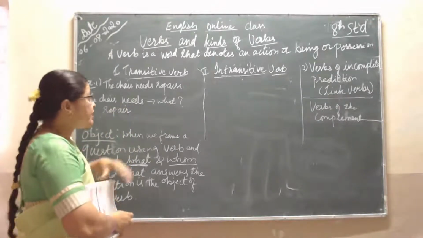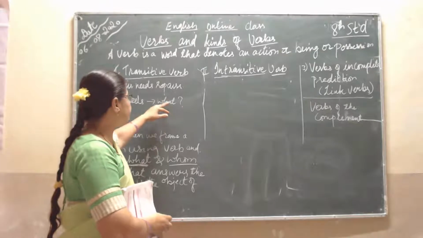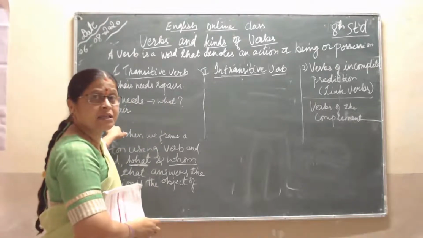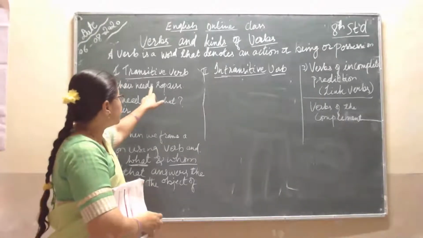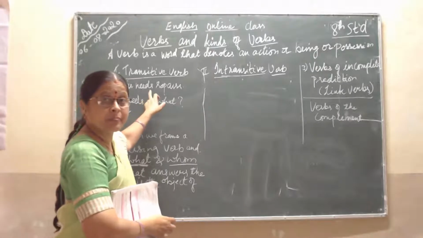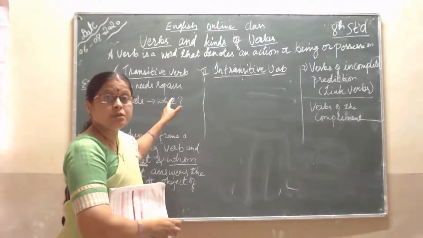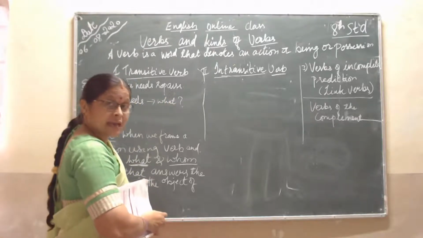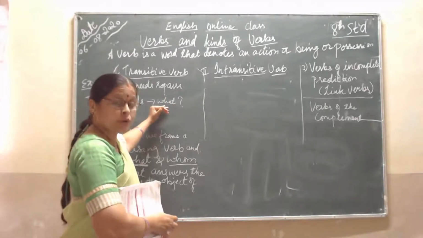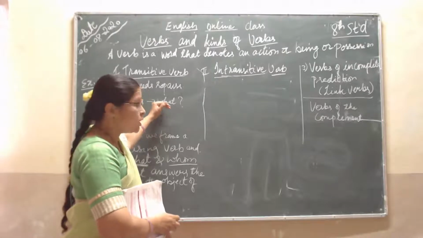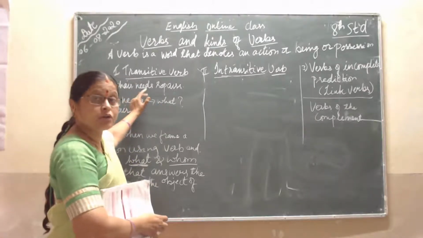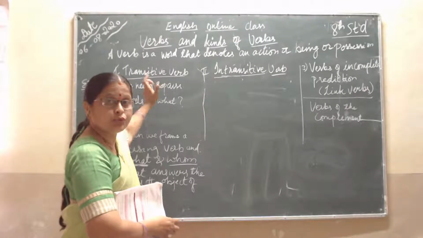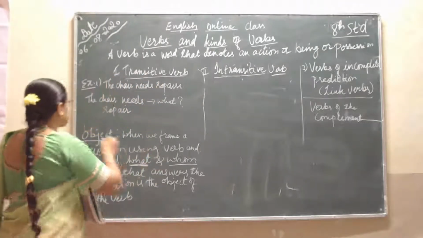When we ask a question using what, we are immediately getting an answer, repair. Then this verb is a transitive verb. When we get an answer after framing a question using what, then that particular verb is a transitive verb.